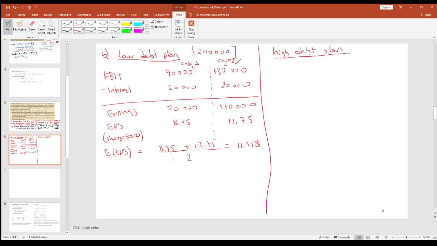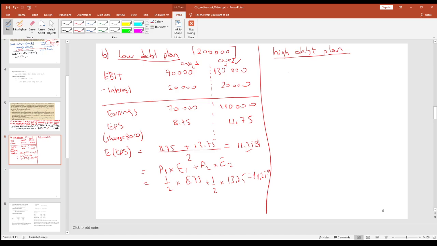This comes from P1 times the expected value at case 1, plus P2 times the expected value of the second case. Remember that the probability is 1 over 2. If you plug in the figures here, you will calculate the same result.